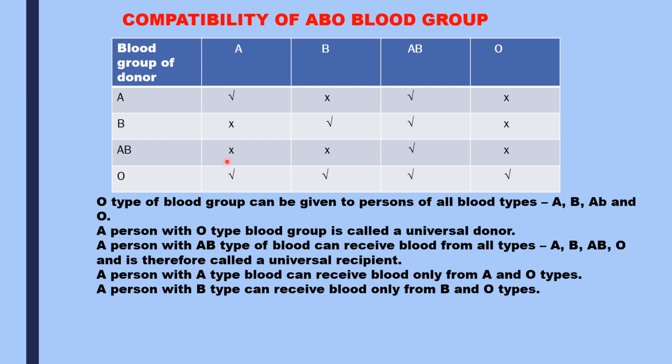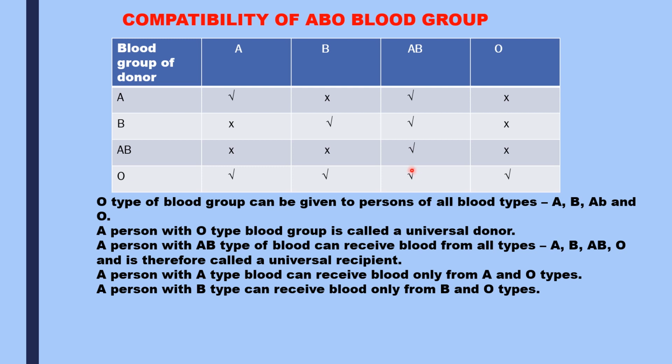Similarly, a person with AB type of blood group can receive blood from all the types. That is, a person with AB type of blood group can receive blood from a person having blood group A or blood group B or blood group AB or blood group O. So a person with blood group AB is called a universal recipient.